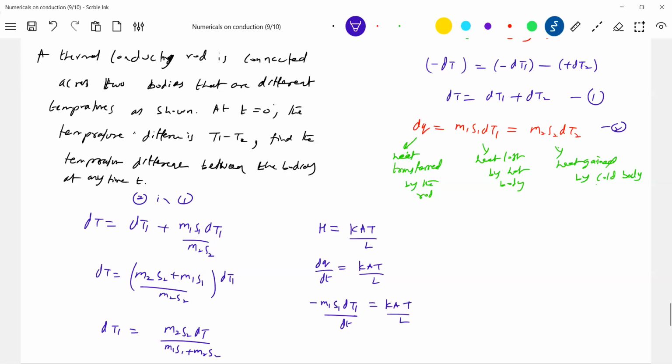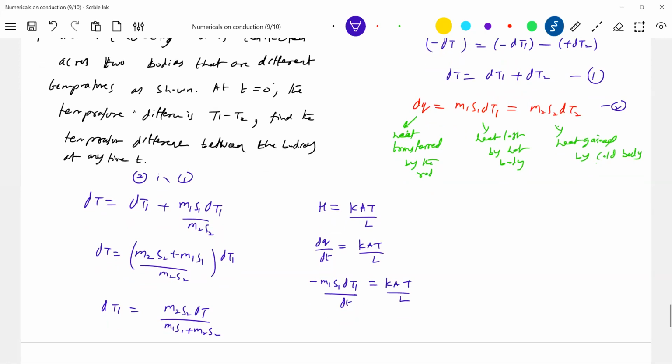Already we have solved it, no? I'll substitute this: minus m1 s1 m2 s2 by m1 s1 plus m2 s2, dT by dt. This should be equal to KAT by L.